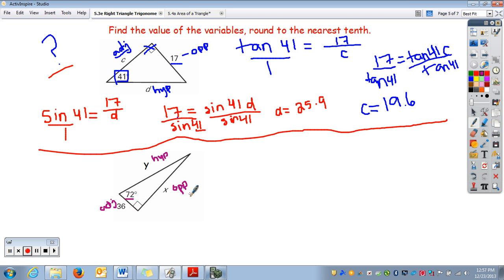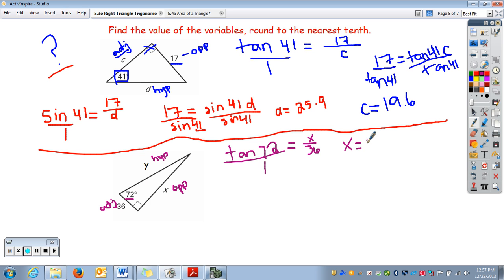We have opposite over adjacent. Opposite over adjacent, that is tangent. So we're going to do tan of 72 equals x over 36. Cross multiply, I go 1 times x, which is x.